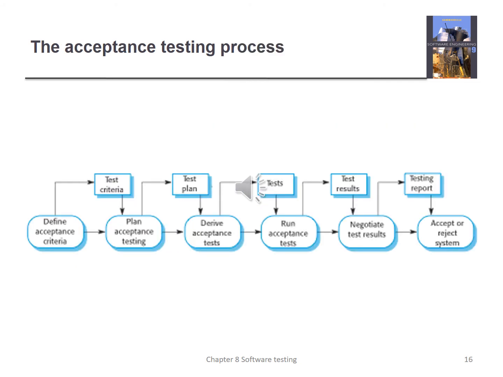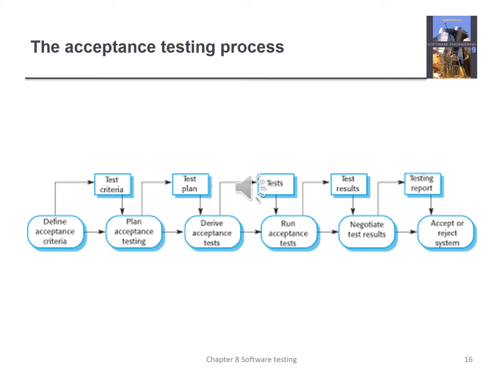Well, there is a process for acceptance testing. It goes through many different phases or activities. We define the acceptance criteria, the test criteria. We plan the acceptance testing and put it in a test plan. We derive the acceptance tests, what tests we are going to have, from that plan.